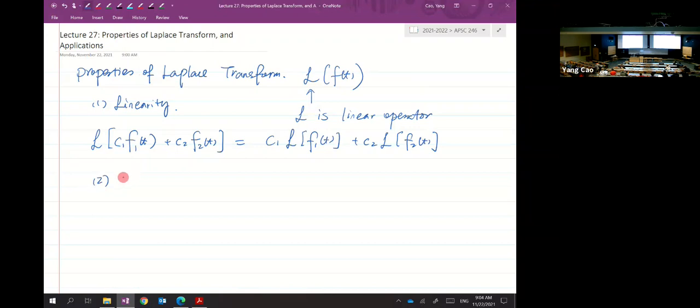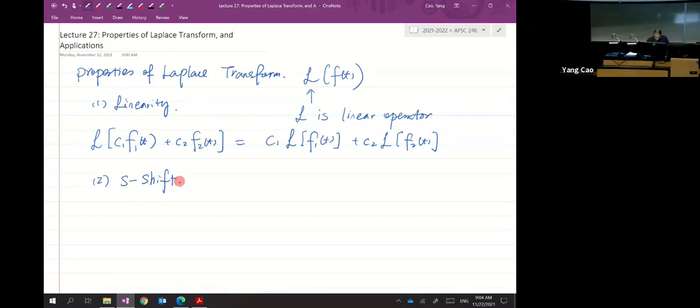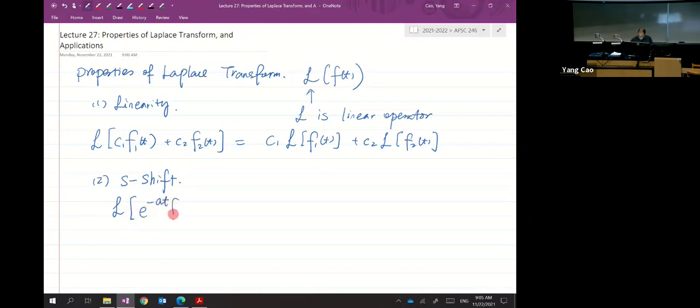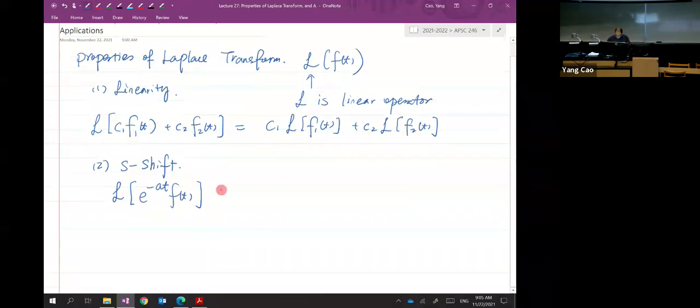A second property is called S-shift. We showed this actually in the previous lecture. So what this S-shift basically means is, if you are required to calculate the Laplace transform of this function, e to the power negative at times f of t, then the S-shift essentially says this equals capital F of s plus a.